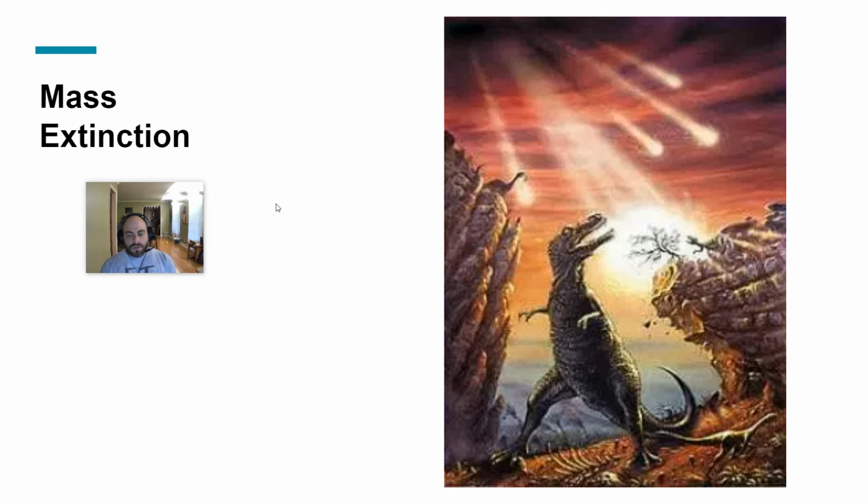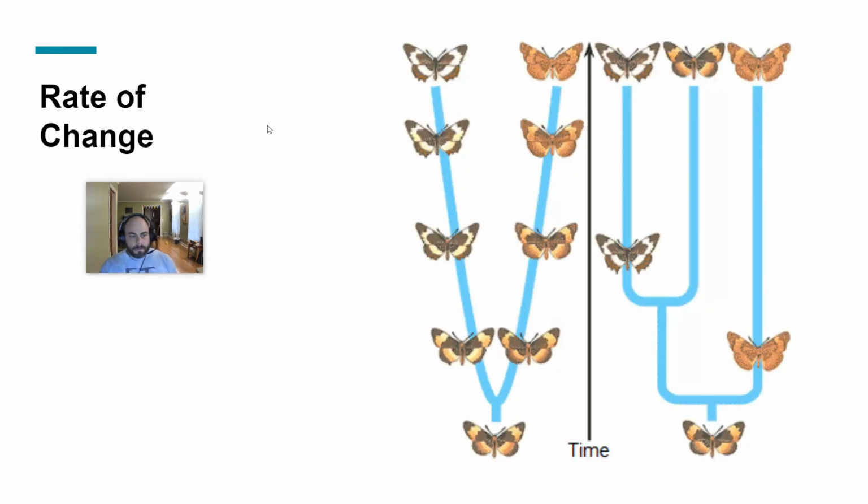And so you see when all these large reptiles went extinct after the impact event, then many large mammals came on the scene over the course of millions of years because they filled those niches that the large reptiles left behind.